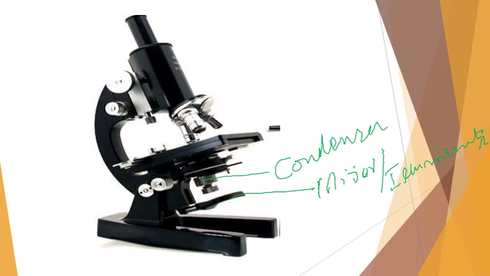In addition to this, here we have a diaphragm. Previously we discussed the diaphragm lever. So here we have a diaphragm, and this diaphragm increases or decreases the intensity of light, so it is also called the iris.